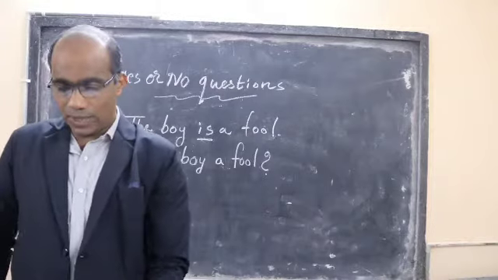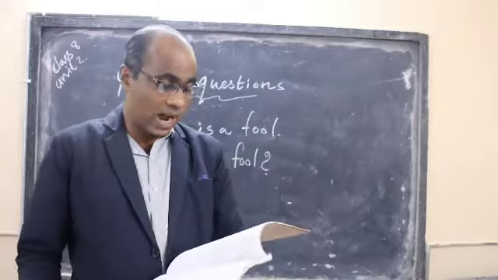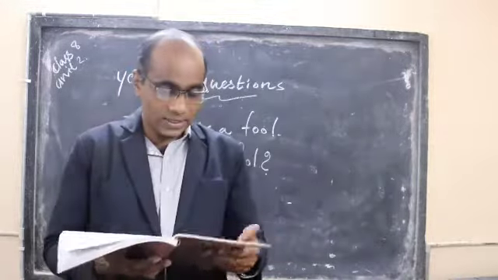Now let us look at the book again for reading the other examples, and let us read together. Number 1: I understood that he asked for more. How to make the question now?